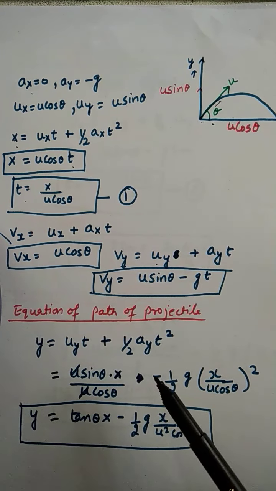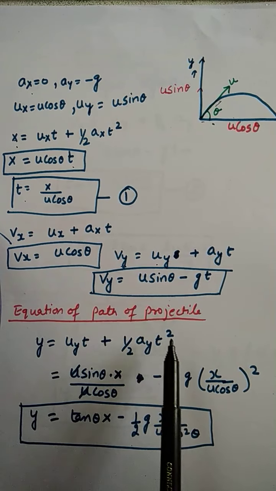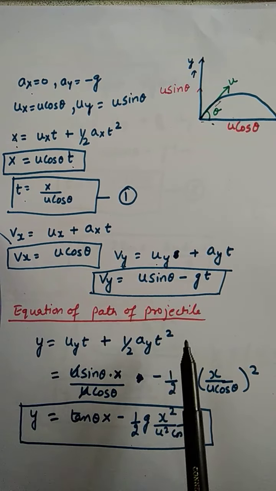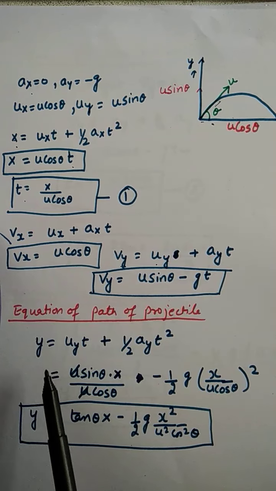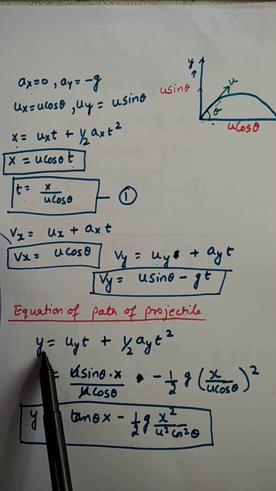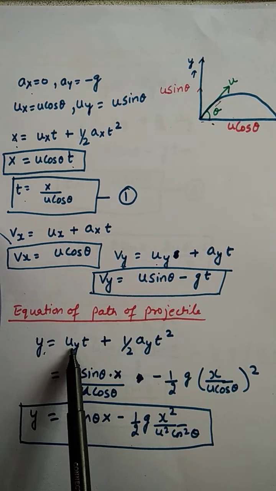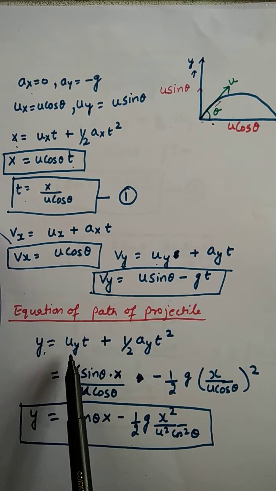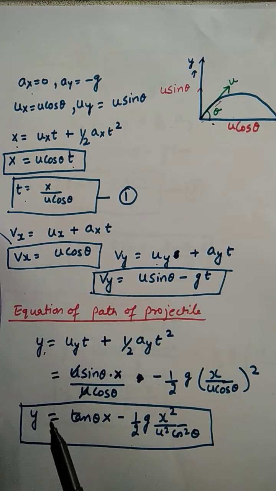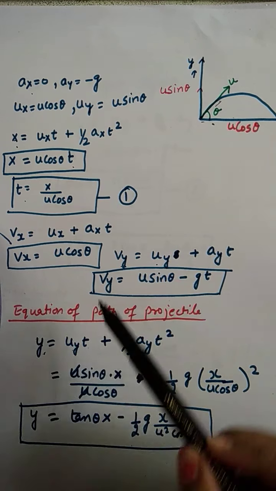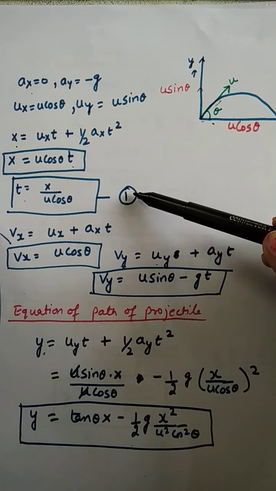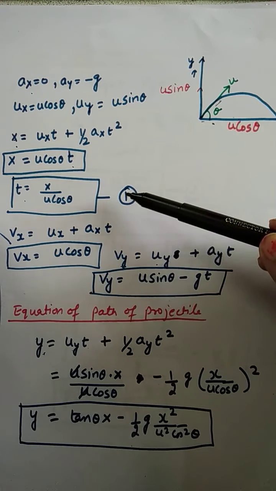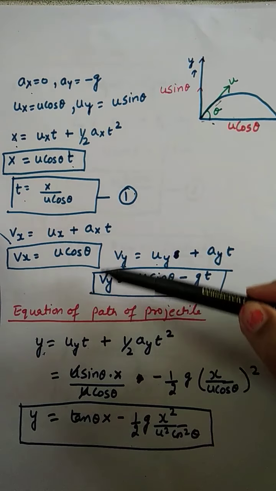Now what we will do is try to find the equation of the path of a projectile. I use the expression for when a parabola goes only in the y direction. Let us say y is equal to ut plus half at square. Simple equation. Fill in the value of uy, fill in the value of ay. Instead of t, I use the value of t from this expression because I don't want t in my expression, instead I want x.